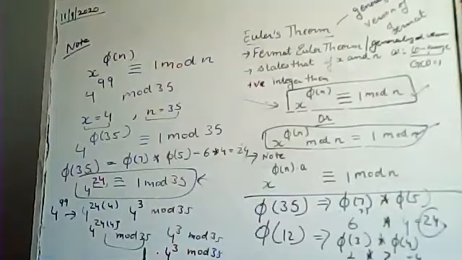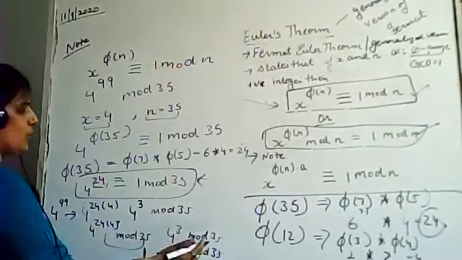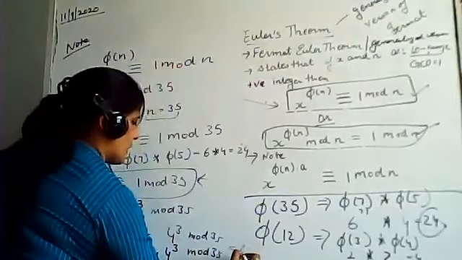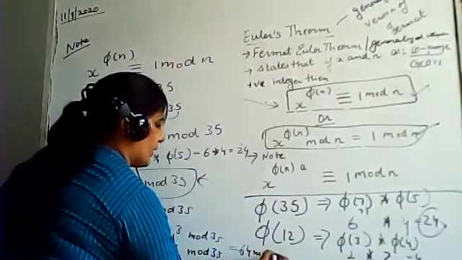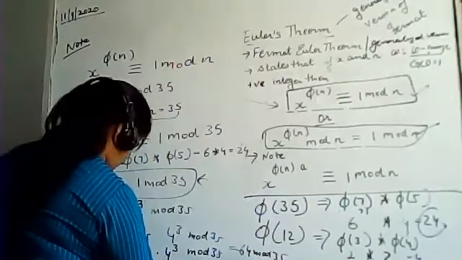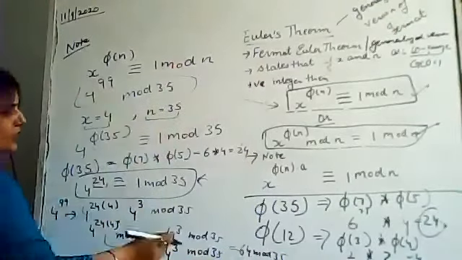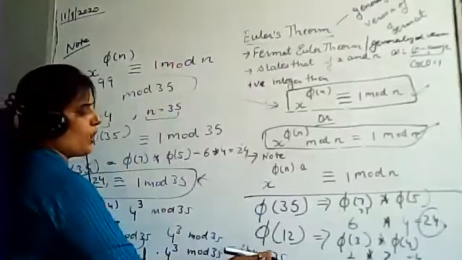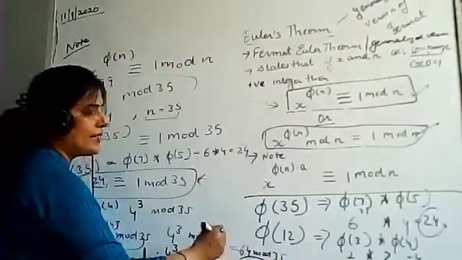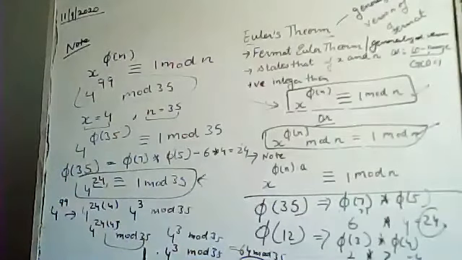What answer will we be getting? 4 cubed mod 35, that is 64 mod 35. So what will be the answer? When we calculate 64 mod 35, what remainder will we be getting? That is 29 over here.